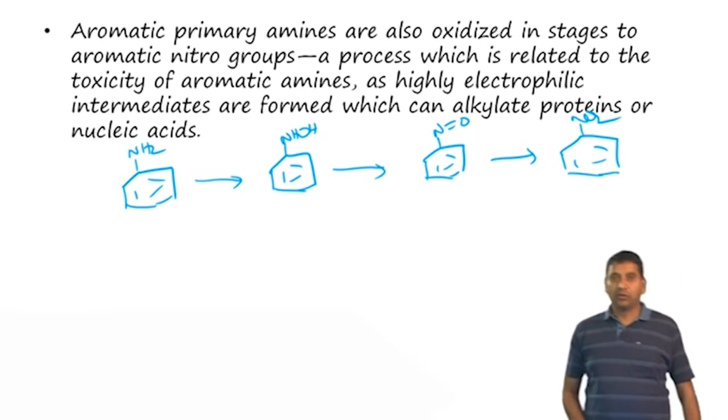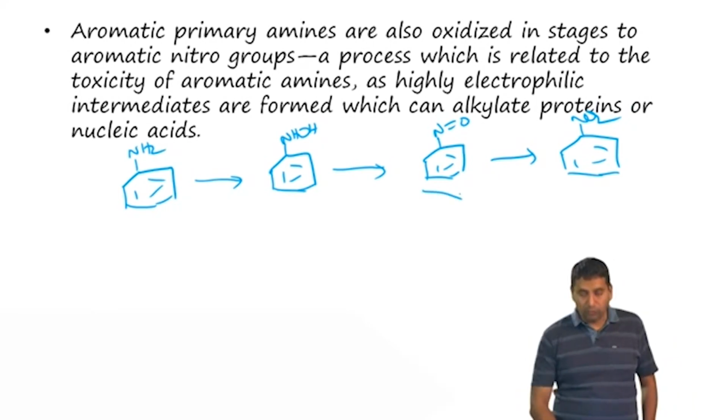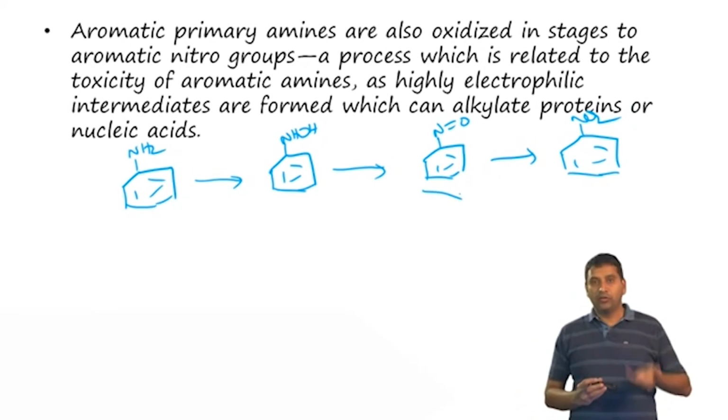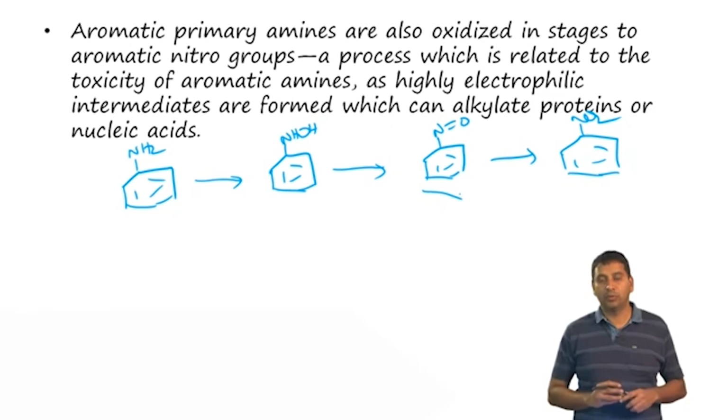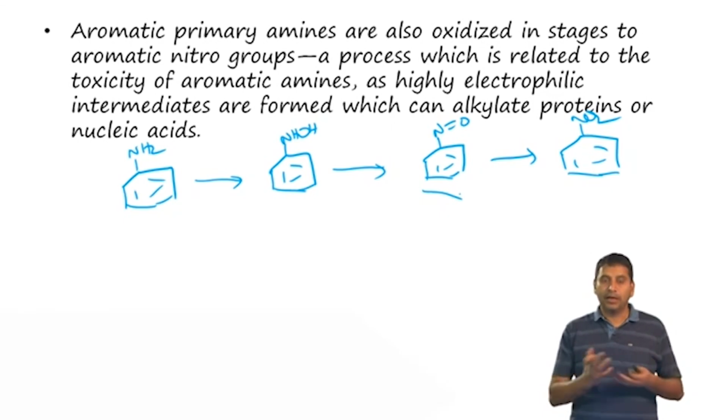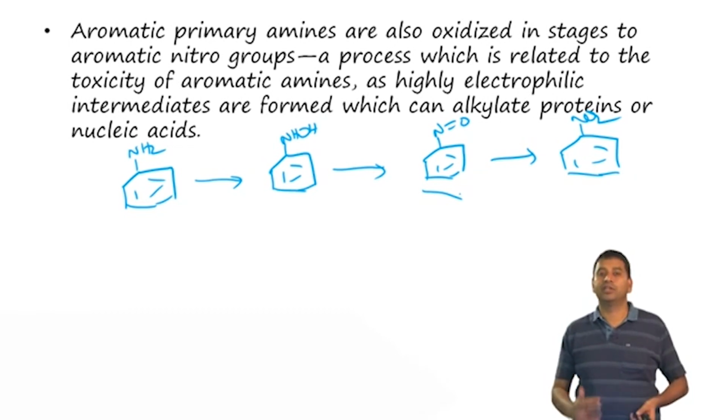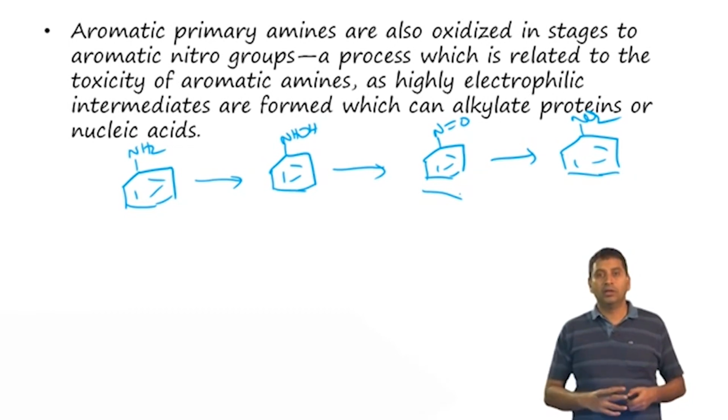Okay. So, some of these intermediates such as nitrosobenzene is actually quite electrophilic, and they can alkylate proteins or nucleic acids. So, anilines are some things that can be potentially quite toxic to incorporate in a drug.